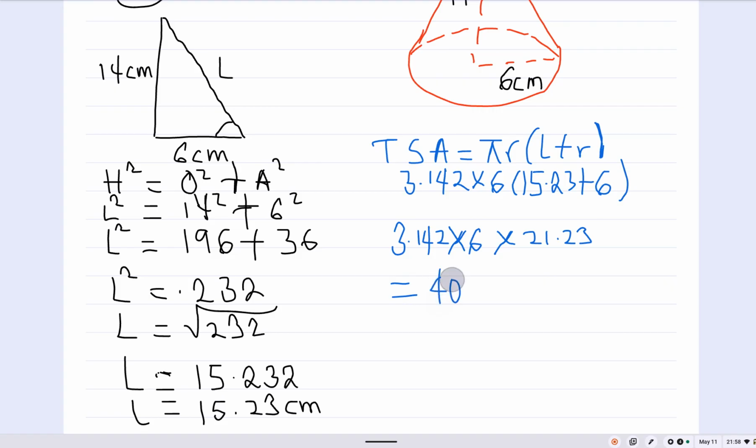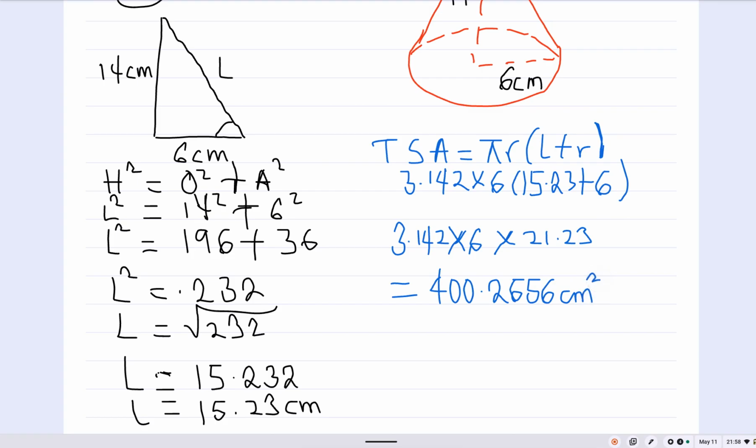400. So confirm it in your calculator. That will give us 2656 centimeter squared. Are you seeing that now?